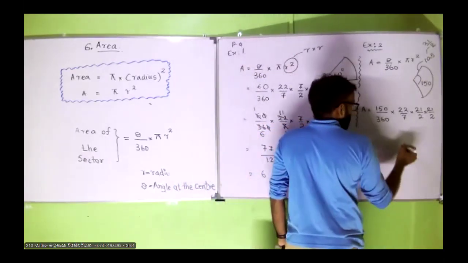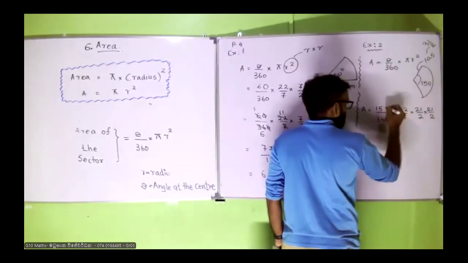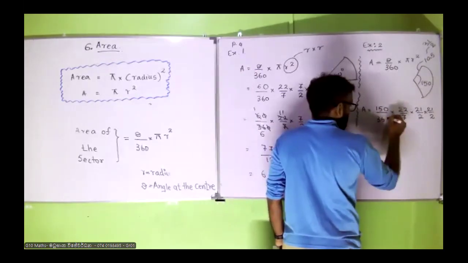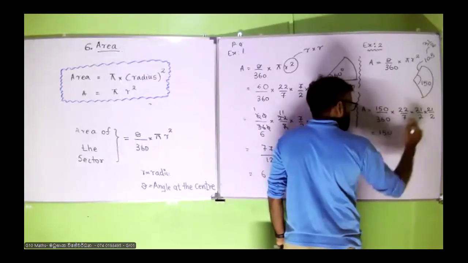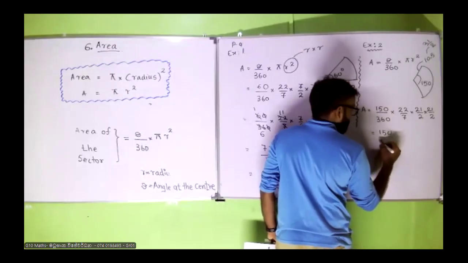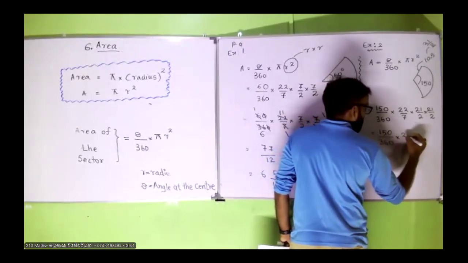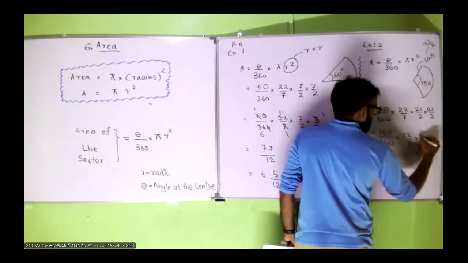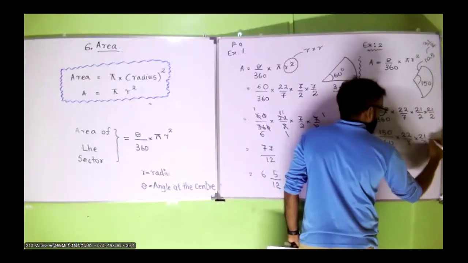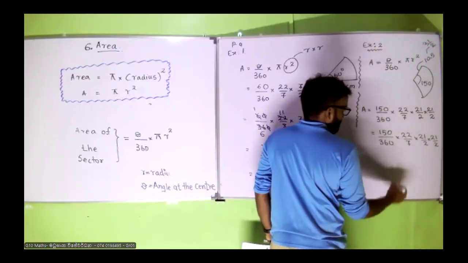So simplify. Shall I write it again? You can do the simplification in this step, but for clarity, if I write it again you can clearly separate the steps and see what I have done in the simplification.